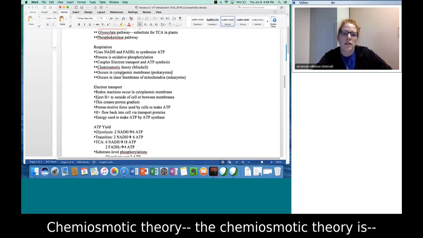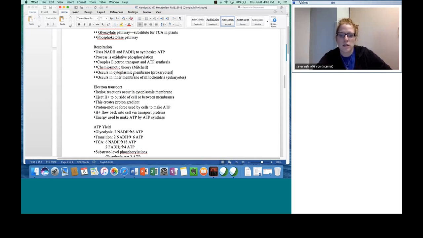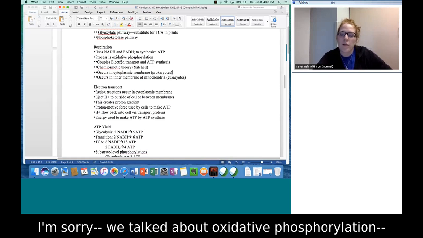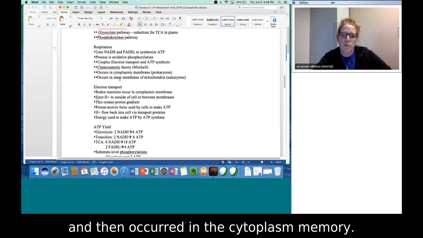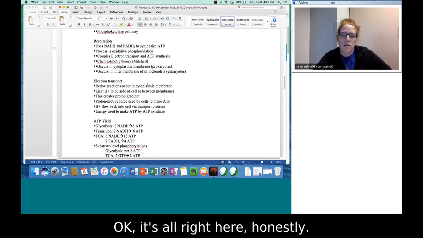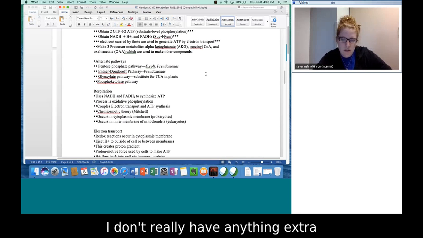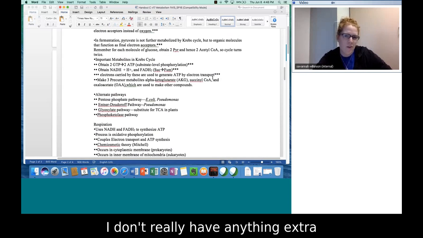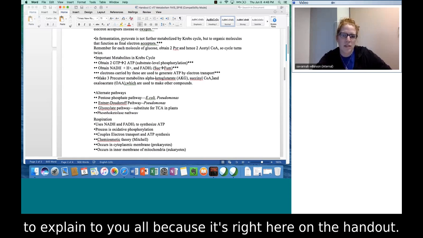Chemiosmotic theory. The chemiosmotic theory is that we talked about that with oxidative phosphorylation, and then occurs in the cytoplasmic membrane. Okay, it's all right here, honestly. I don't really have anything extra to explain to y'all because it's right here on the handout.